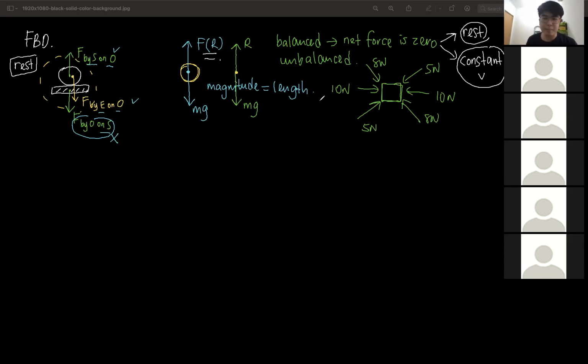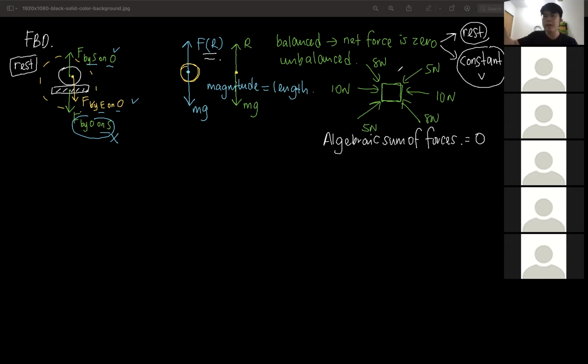In a balanced system, the algebraic sum of all forces. What does it mean by algebraic sum? Algebraic means I give it a sign, plus or minus. Sum, I total up. All the forces will equal 0. This one, 5 Newton in this direction.